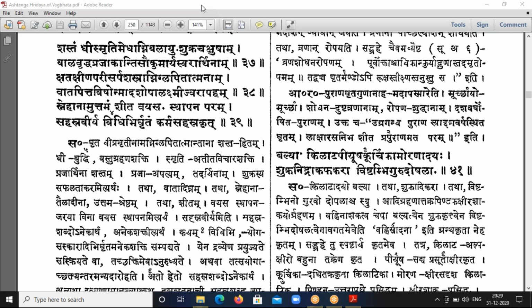So that is one point. Then among all these milk products, especially Kshira and Krida, Go Kshiram and Go Kritam are considered as the best. Gavye Kshira Kride Shreshte. Quality wise, cow's milk and ghee are considered as the Shreshta, Uttamam.